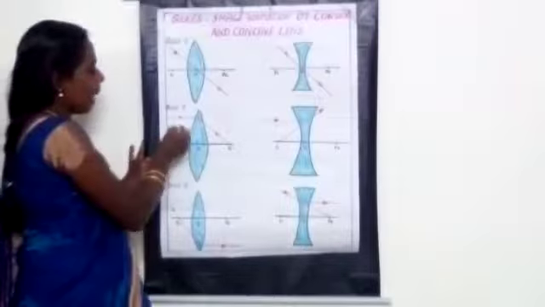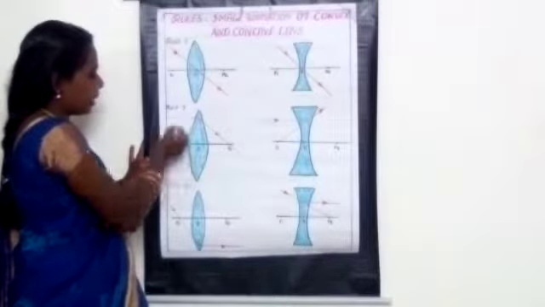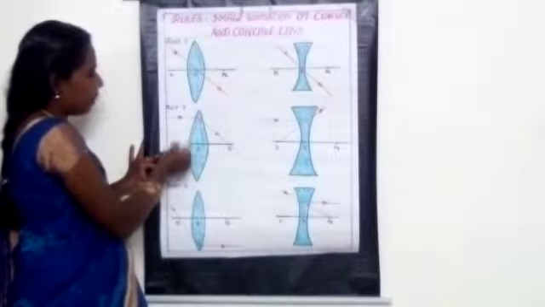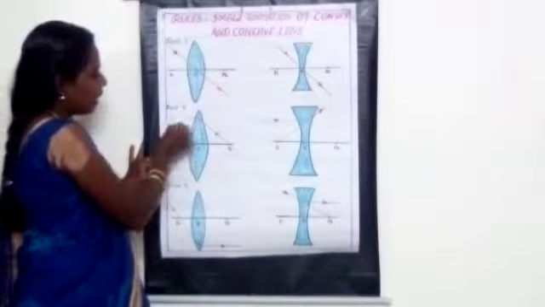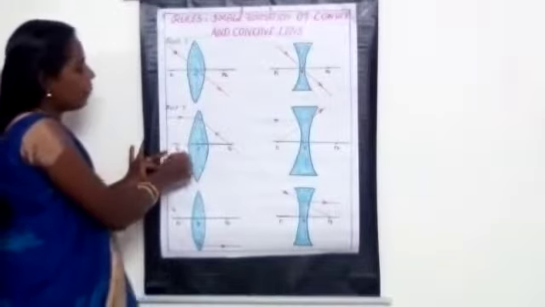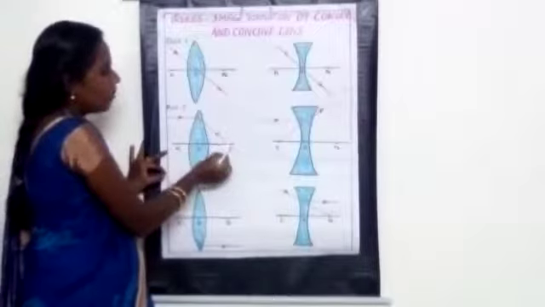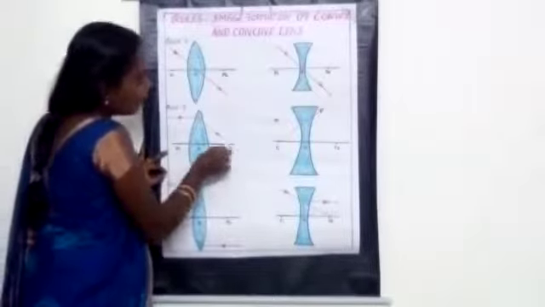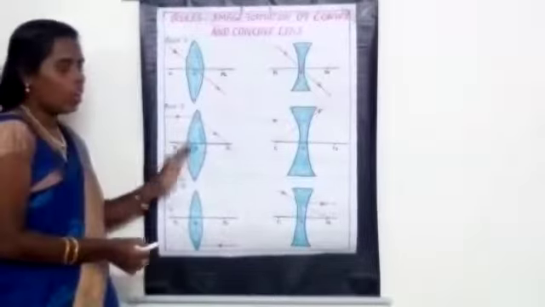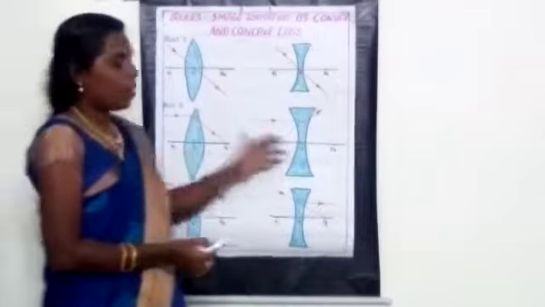If the rays are parallel to the principal axis, see here, these two lines are parallel, isn't it? So if the ray of light is parallel to the principal axis, after refraction it will pass through the principal focus. This is for the convex lens. And what about the concave lens?